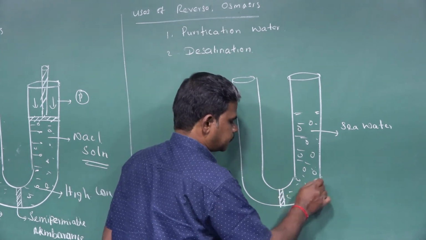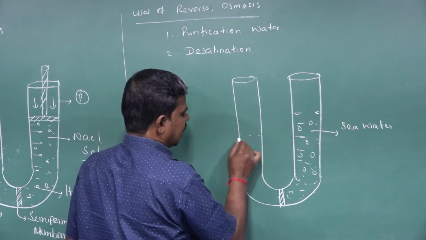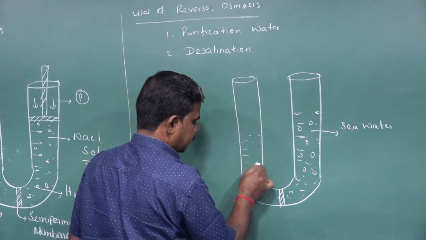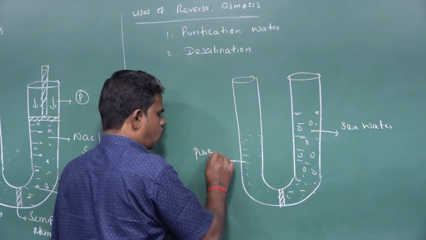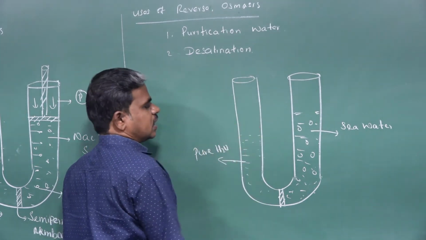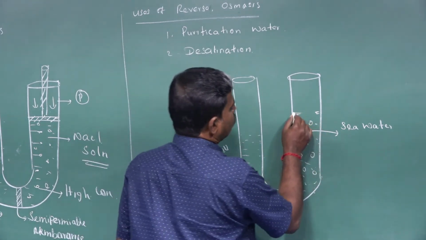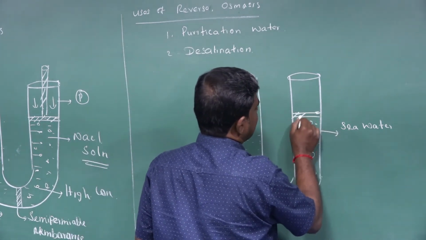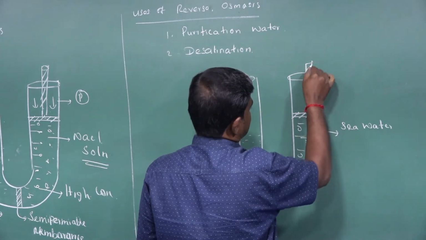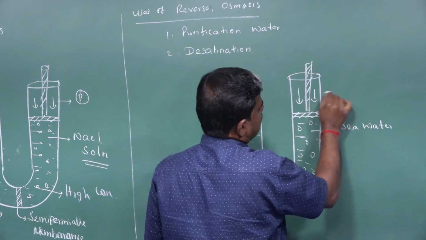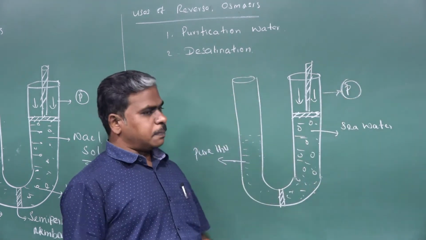On the other side, we are taking some pure water. So pure water is taken on one side and seawater on the other side, and now we apply the external pressure. Then what happens here?